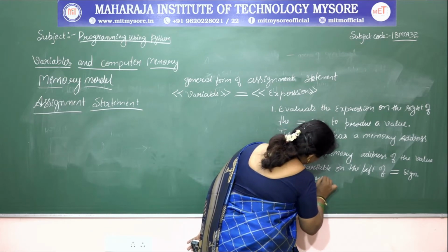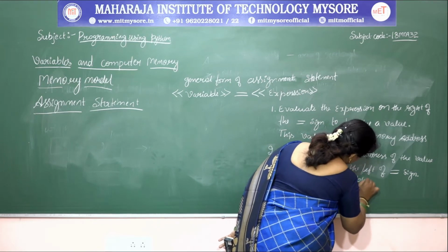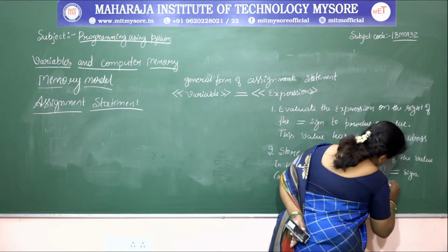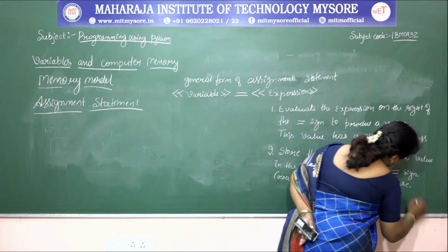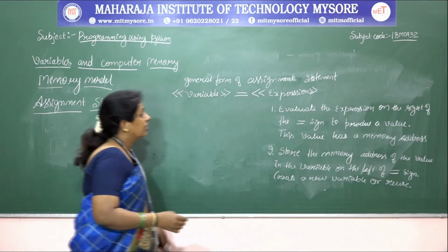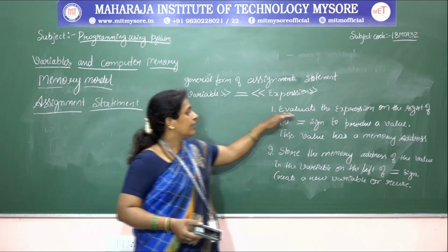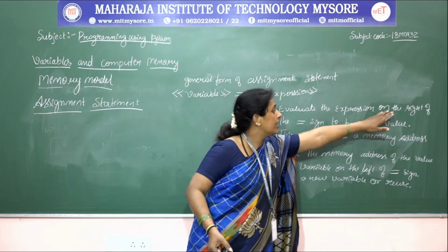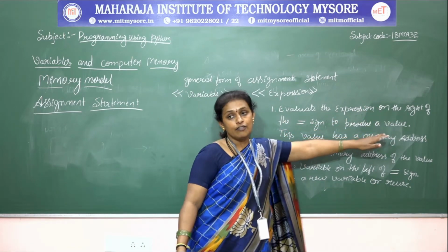Create a new variable or reuse. So we need to consider two things. First, evaluate the expression on the right of the equal sign to produce a value.